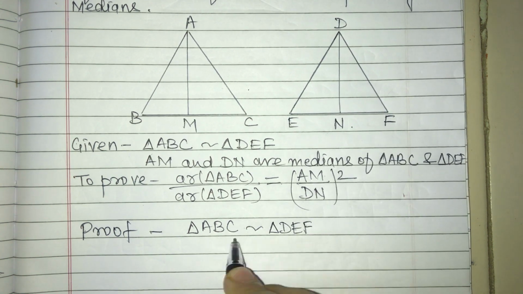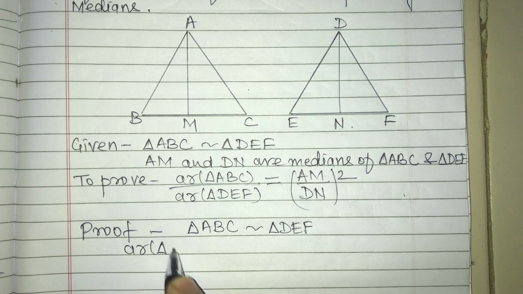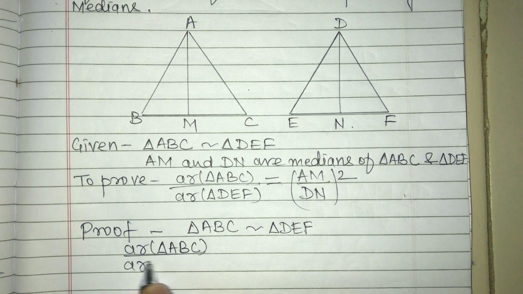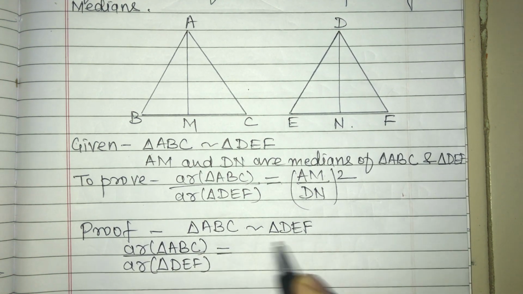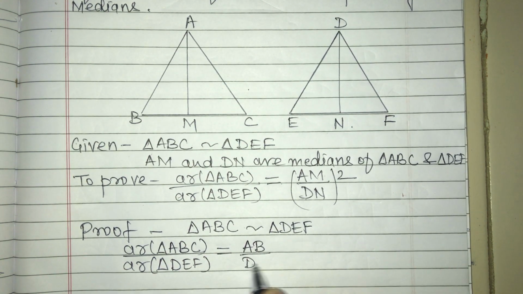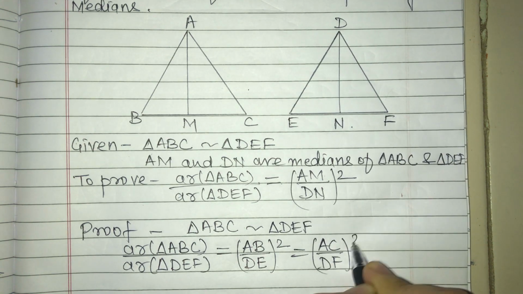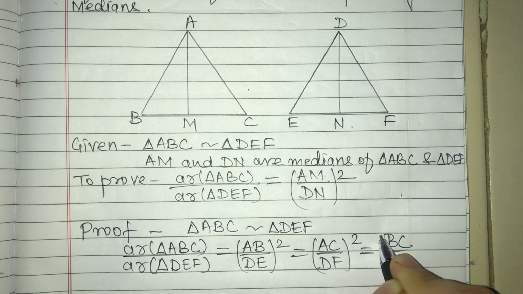Since these two triangles are similar, the ratio of the areas of these two triangles, area of triangle ABC and area of triangle DEF, is equal to the square of the ratio of their corresponding sides. So AB upon DE whole square equals AC upon DF whole square equals BC upon EF whole square.